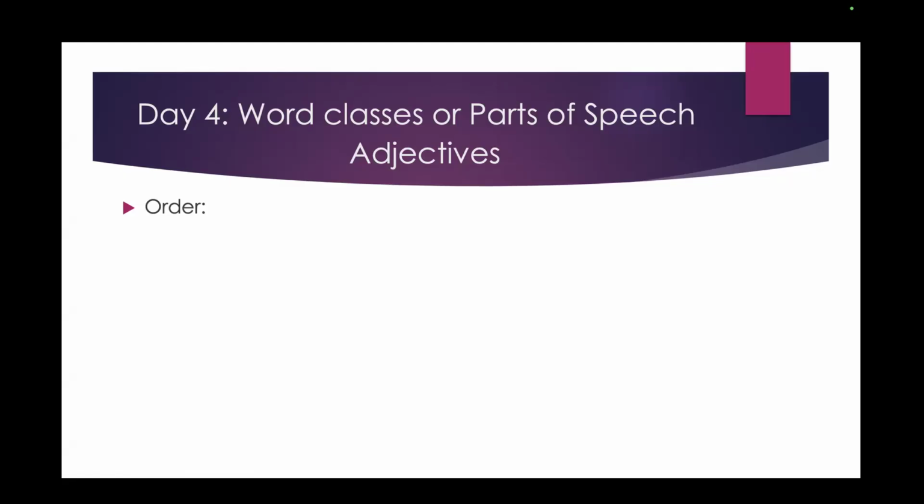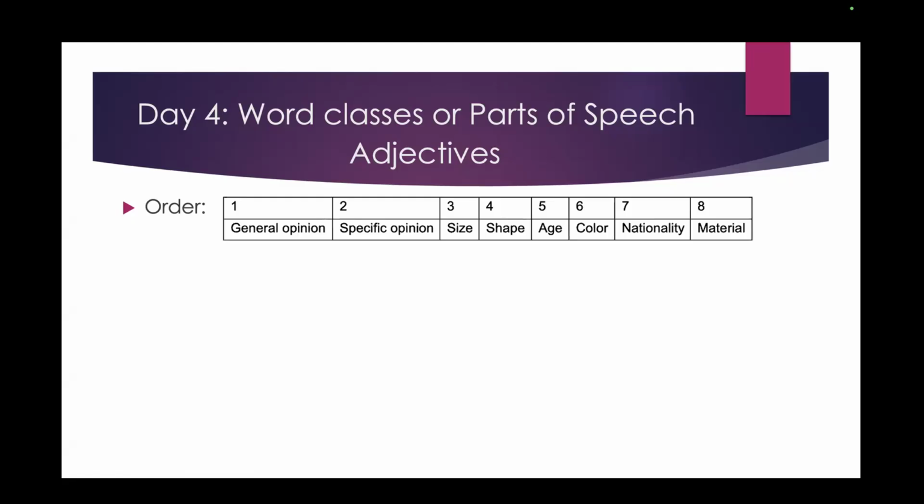This is quite common in science communication, in scientific writing, to have more than one adjective modifying a noun, right? If we take this to an extreme, then this would be the order of 8 adjectives. I suggest you not to use 8 adjectives. Normally you can use 1, 2, or 3. But if you have many, then this is the order.